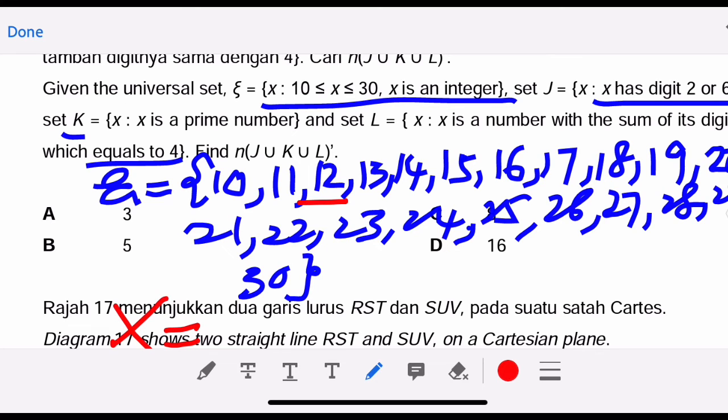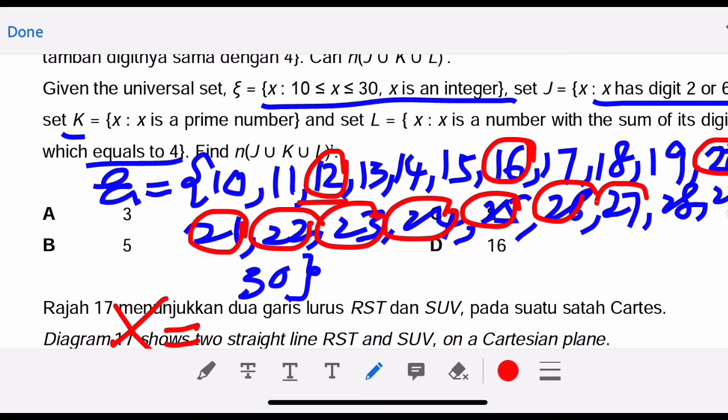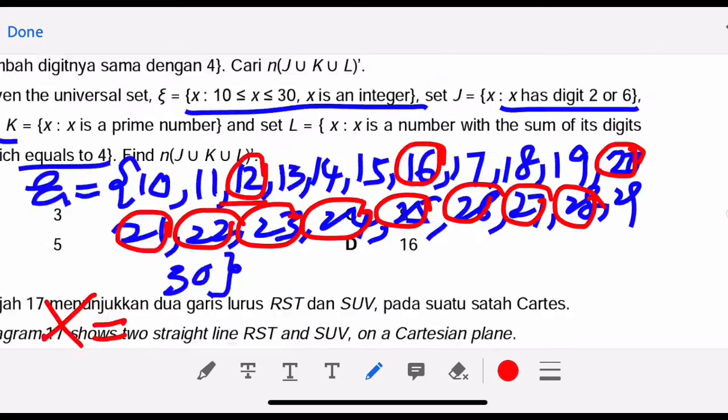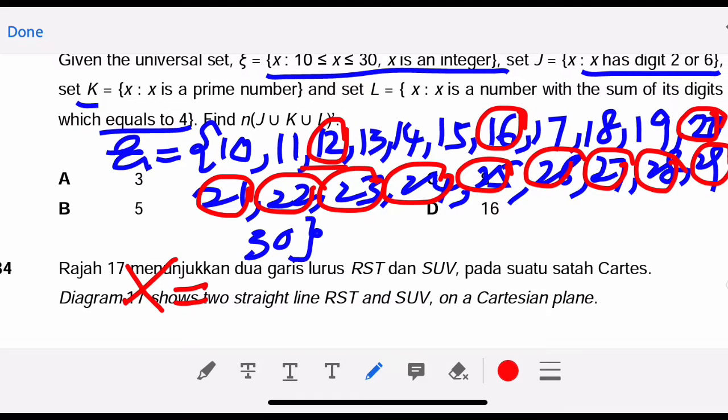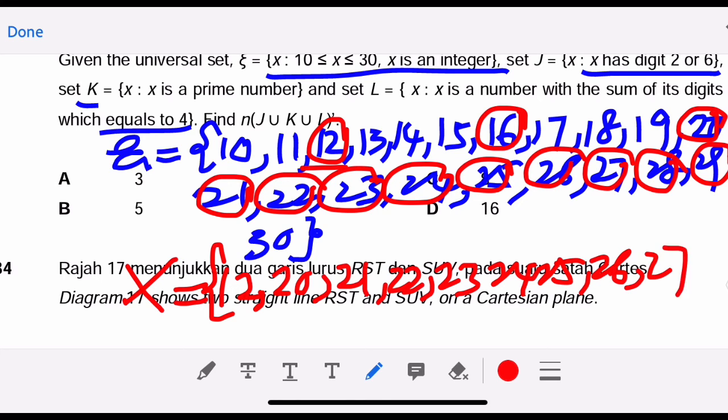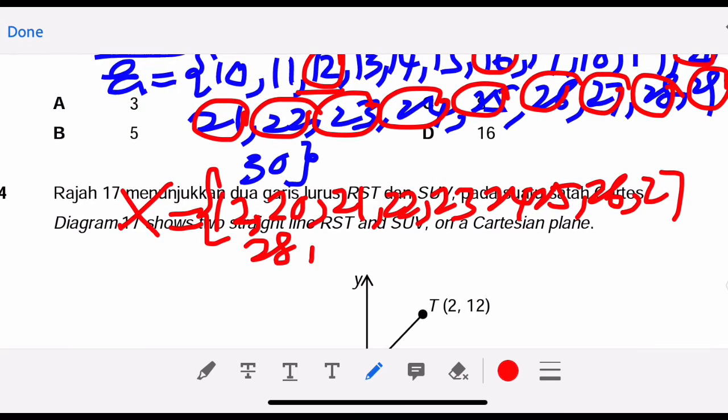So this one 2, 16, 20, 21, 22, 23, 24, 25, 26, 27, 28, 29, and 30, right? 30 cannot, right? So for x we have 16, 20, 21, 22, 23, 24, 25, 26, 27, until 28, 29. Okay, this is x.